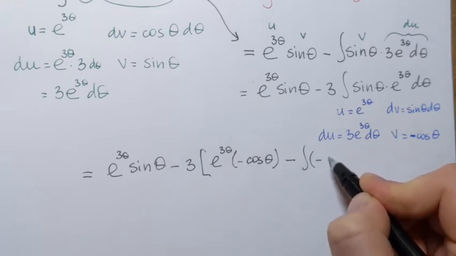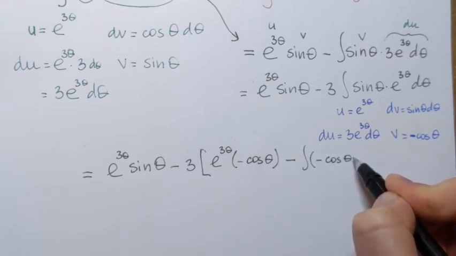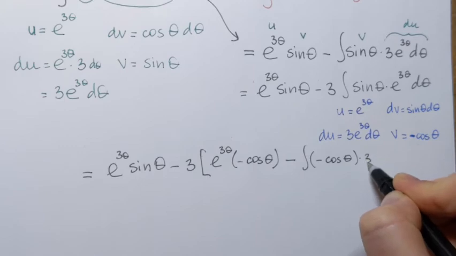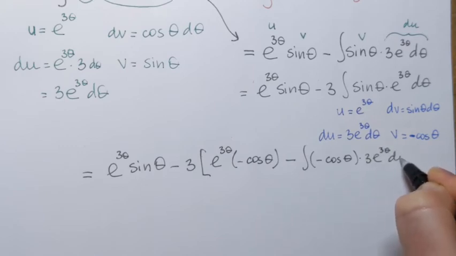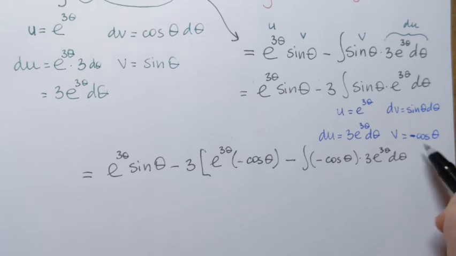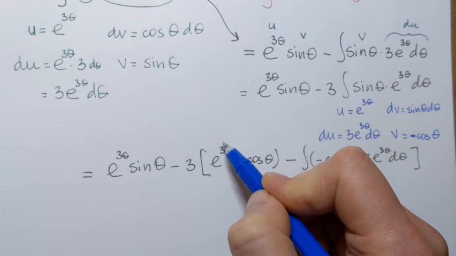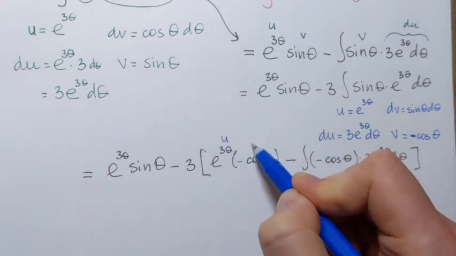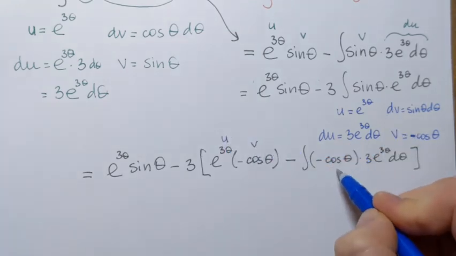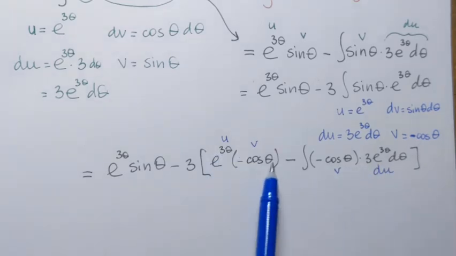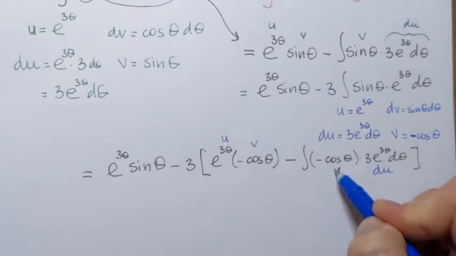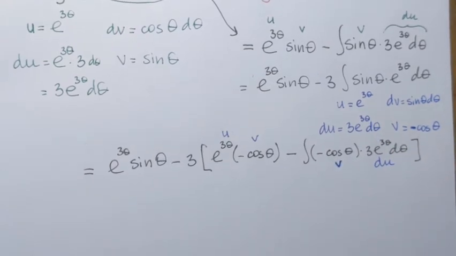So that's negative cosine theta times 3 e to the power 3 theta d theta, like that, brackets. I'm gonna make notes for myself here. So that was u v, minus integral v du, right? So make sure that you can see and find all the pieces of that formula.